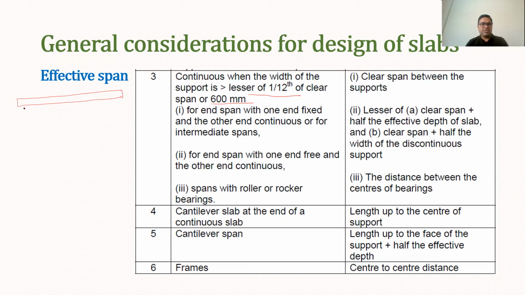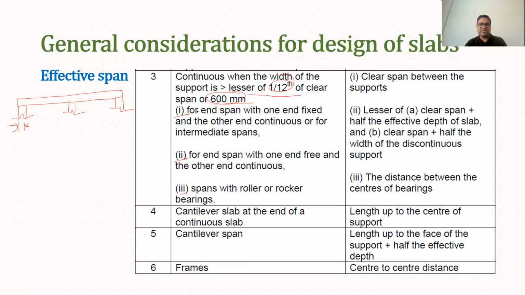If we have this slab resting on some of the supports like this, and if this width is greater than the lesser value of 1/12 of clear span and 600 mm, then the effective span will be calculated based on three cases: 1, 2, 3.